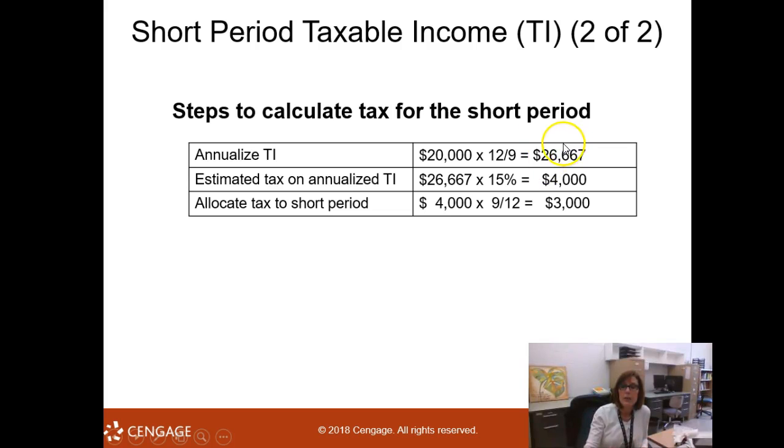And then we determine what the tax would be at that annualized income. In this case, it's 15%. And so now we have the annual tax, but we didn't actually earn all of that income. So then now we need to determine what it was for the 9 months that we actually earned the 20,000, and that gets us to 3,000.